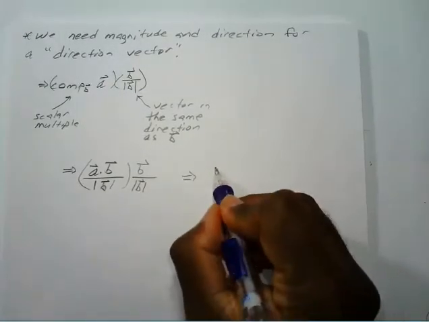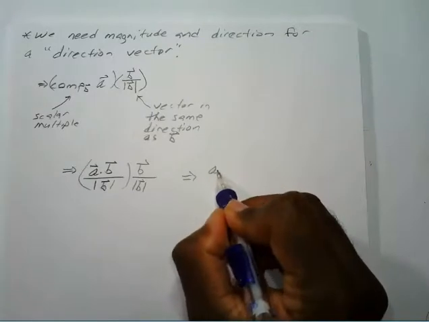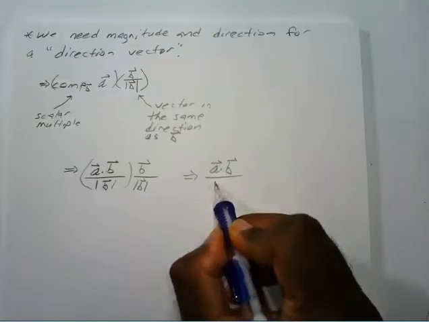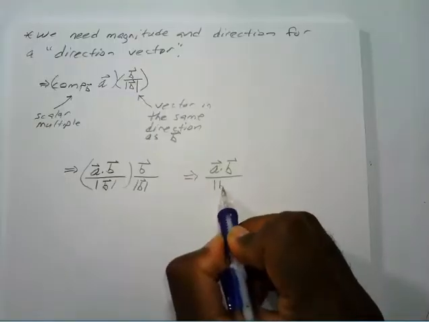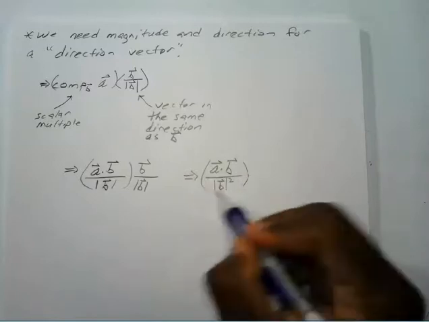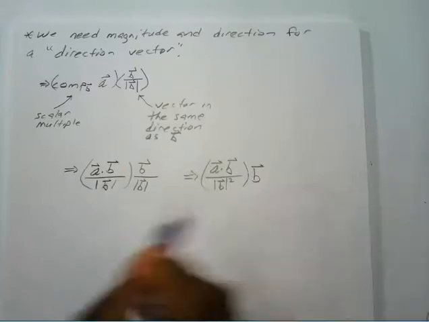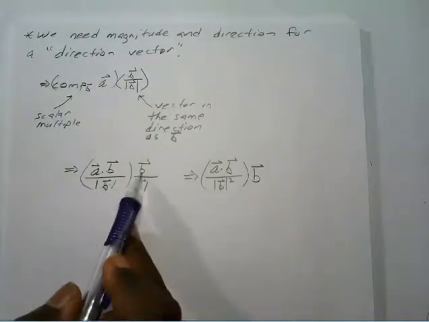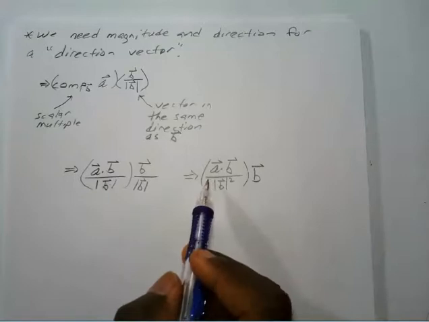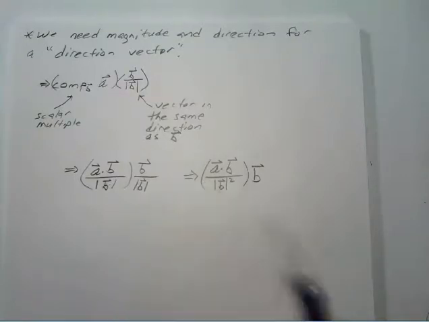So we have the dot product of our A and B vector divided by the magnitude squared, and all of that times our B vector. All we did was multiply those two and leave our B vector out here. This gives us our vector projection of A onto B.